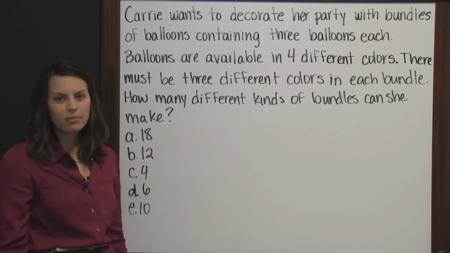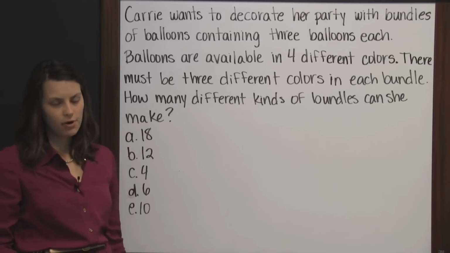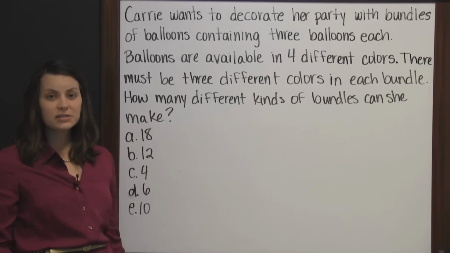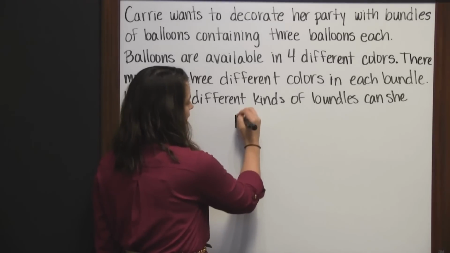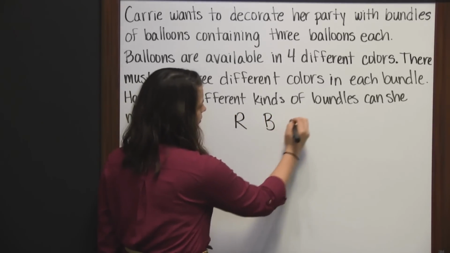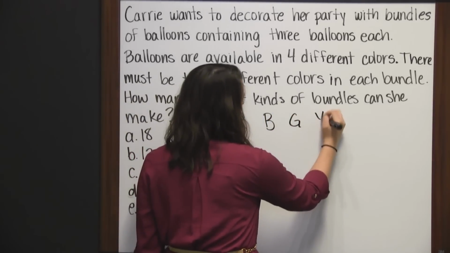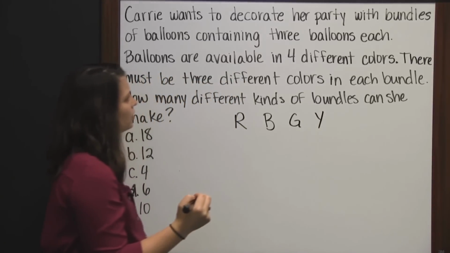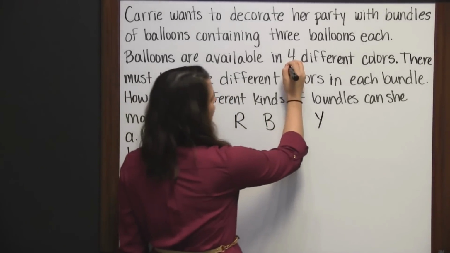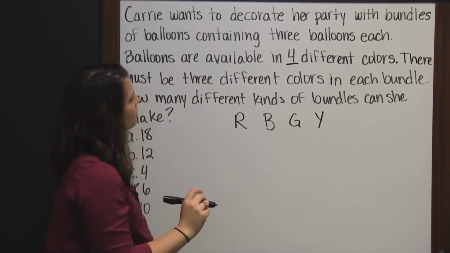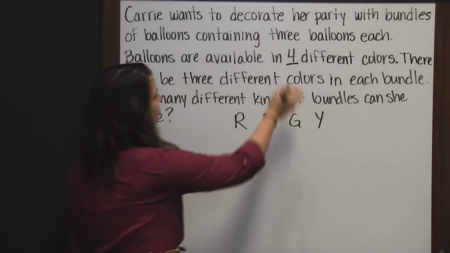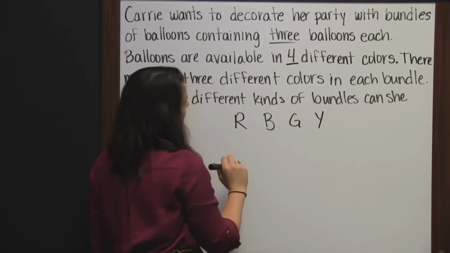With this kind of a problem, since our numbers are so small, you could just make up some colors. How about red, blue, green, and yellow? Because the balloons come in 4 different colors, and she wants to make bundles with 3 balloons each.